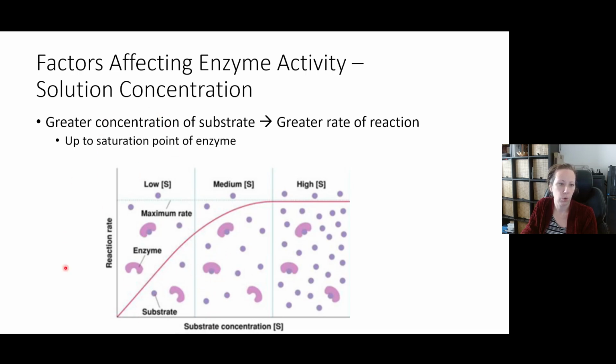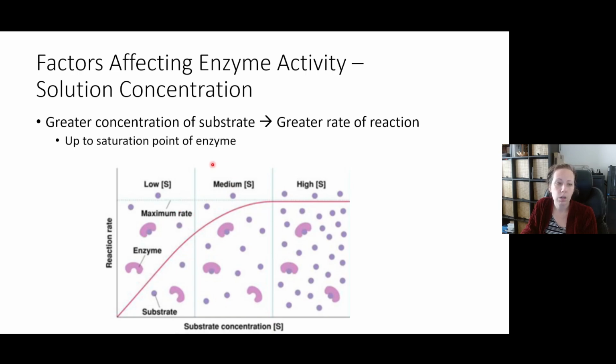So here we have a low concentration, and it's just going to take longer for each substrate particle to reach an enzyme molecule and be positioned in exactly the right location and that reaction to take place.